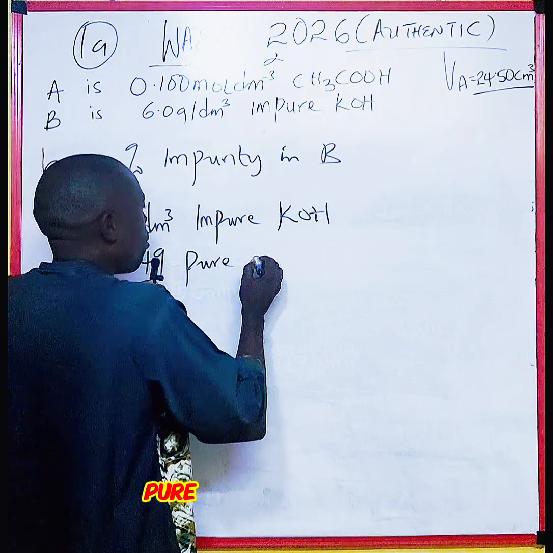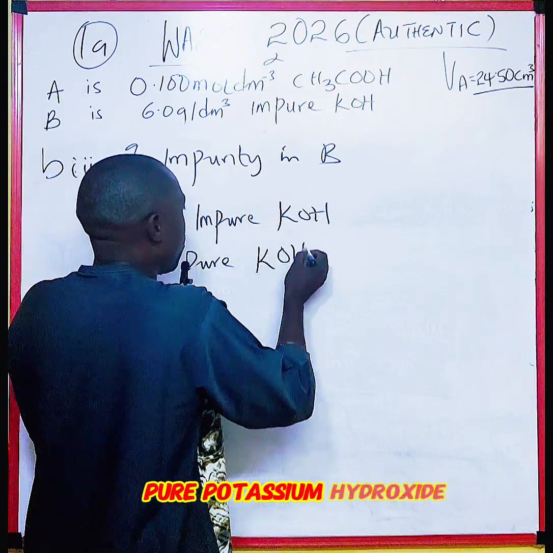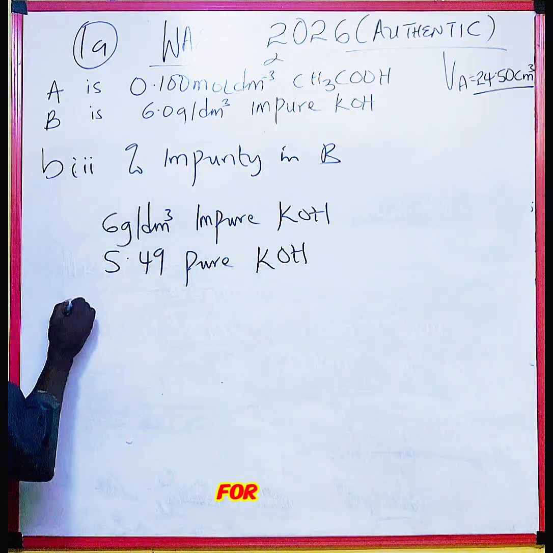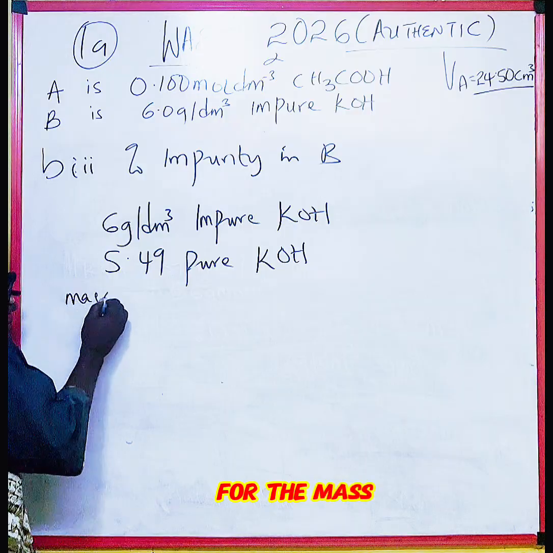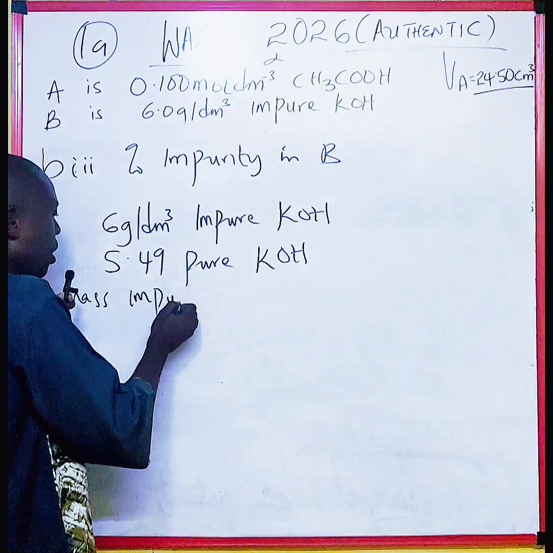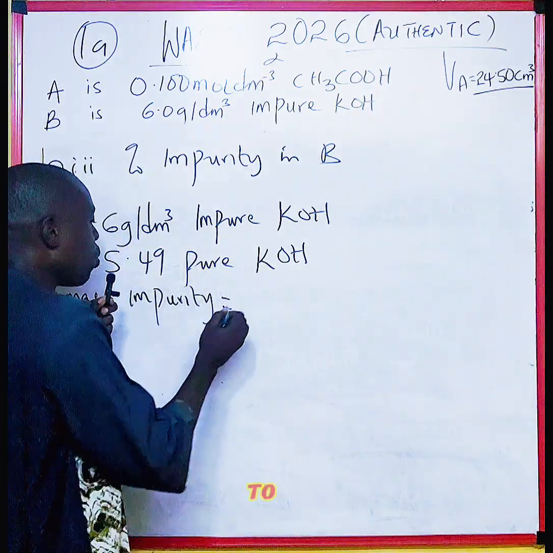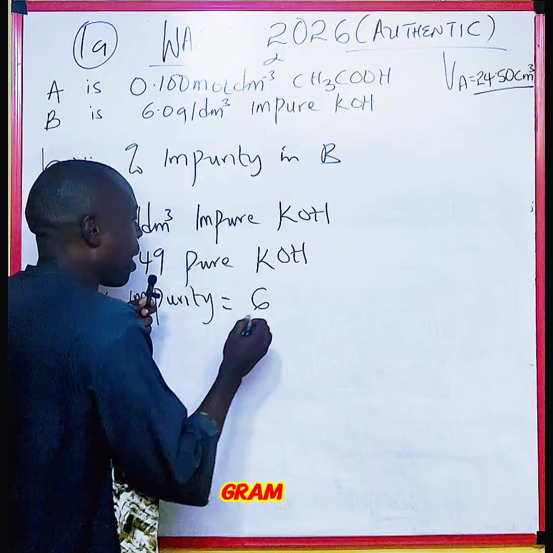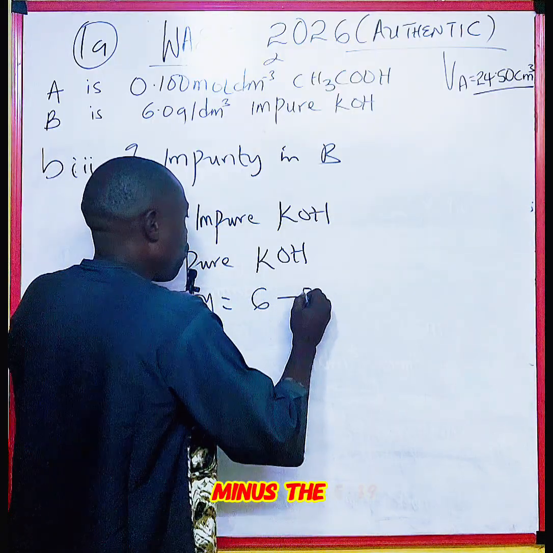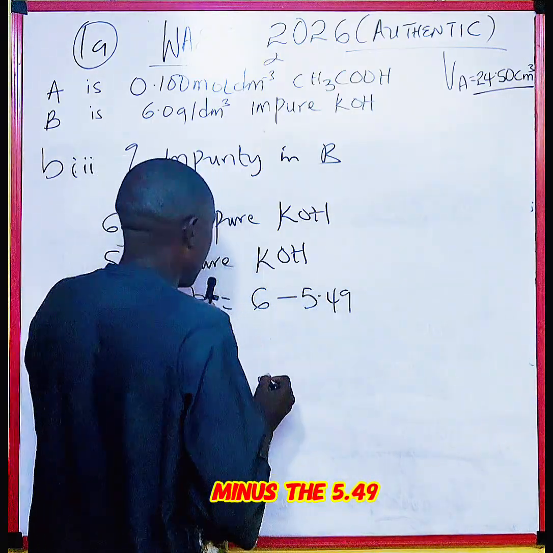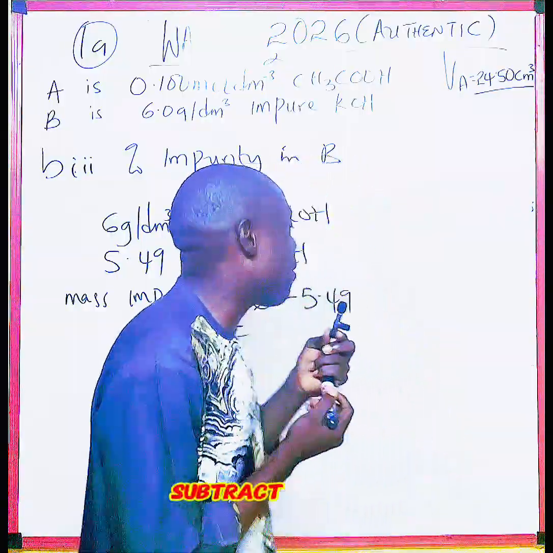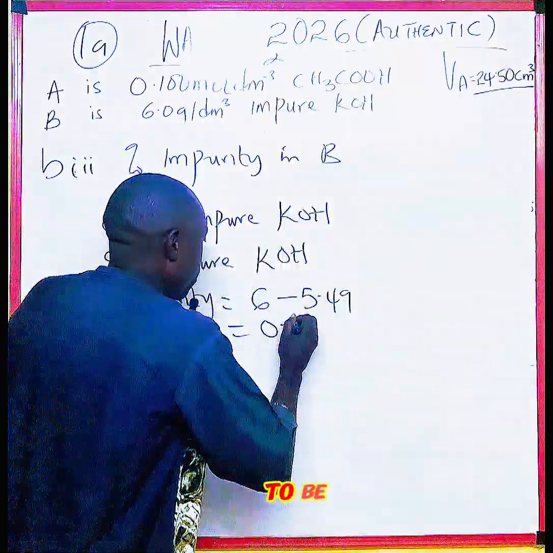So the mass impurity is equal to 6 gram per dm cube minus 5.49, which is 0.51 gram per dm cube.